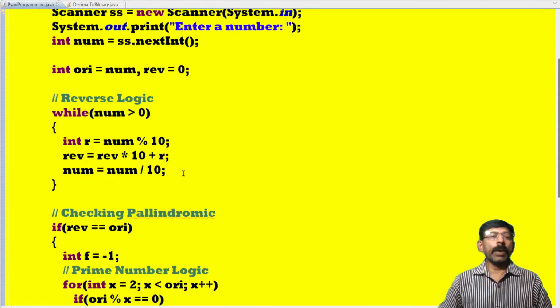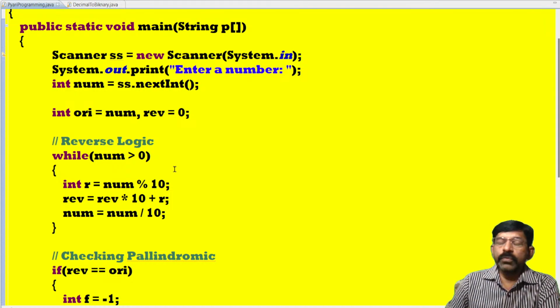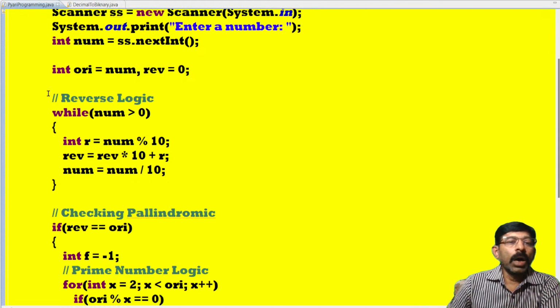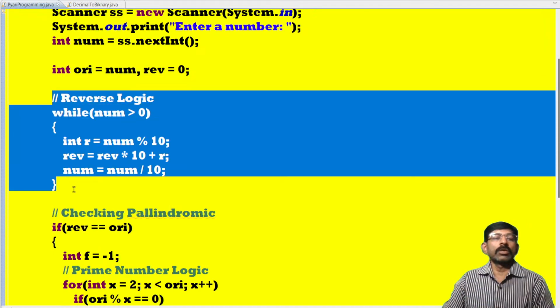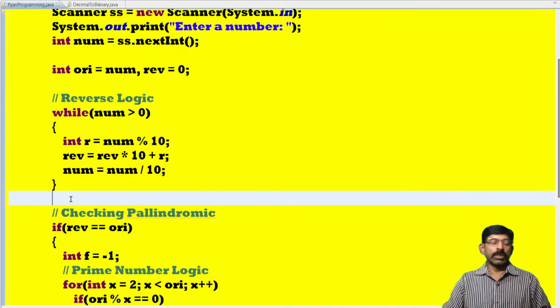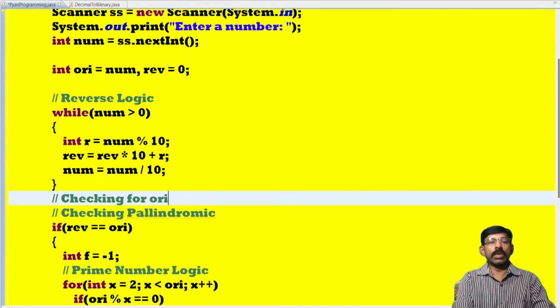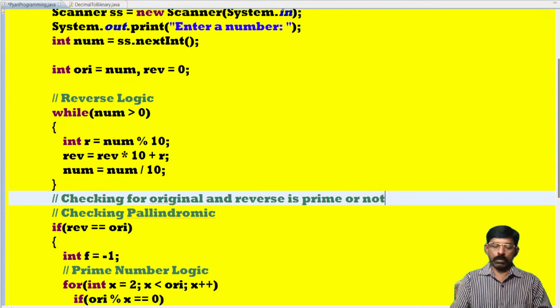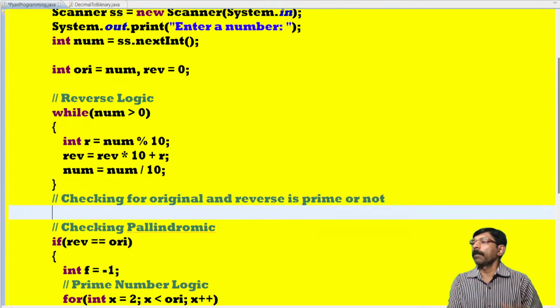So can we recap? In case of twisted prime, after getting the reverse, I was checking for prime. Checking original and reverse is prime or not for twisted prime.